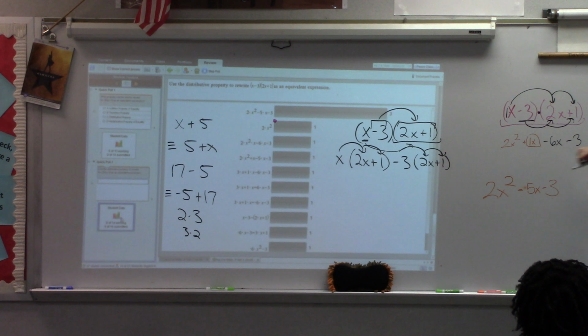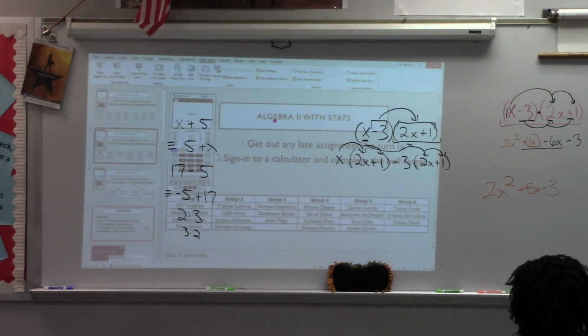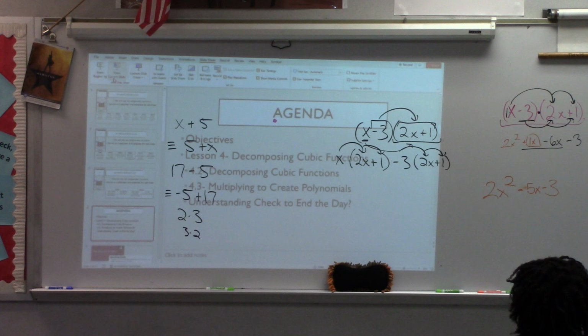Notice once we distribute, we're adding and subtracting those terms, and you combine the like terms. Okay? So we're adding and subtracting those terms. Questions, concerns, comments?